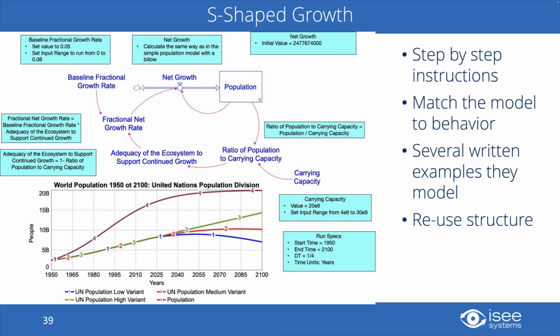We have a series of assignments based on descriptions of S-shaped models, like the growth of Instagram users or the growth of iPhone users. Hopefully they learn that with this structure, you can change the names and some of the parameters, and it will generate the same behavior. We're reusing structure over and over and over again.